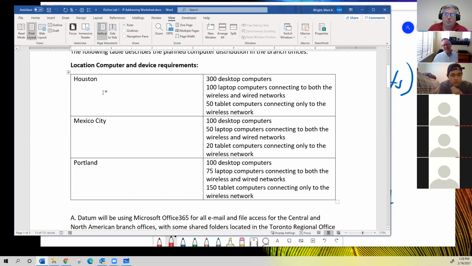They said they wanted separate networks for wired, meaning those that plug into an actual wire, and wireless, those that connect to the Wi-Fi access point. So how many IP addresses are we going to need for wired and wireless in Houston?